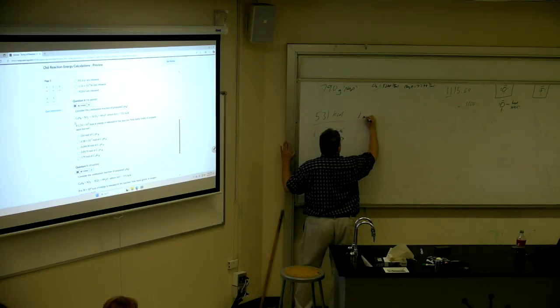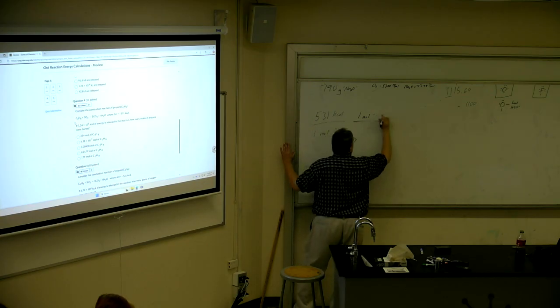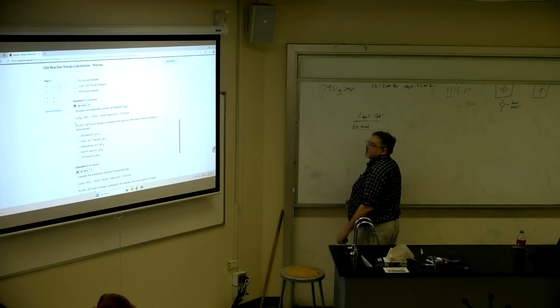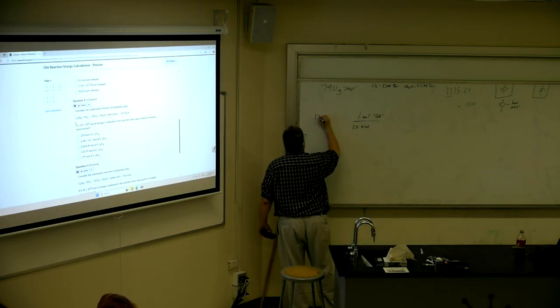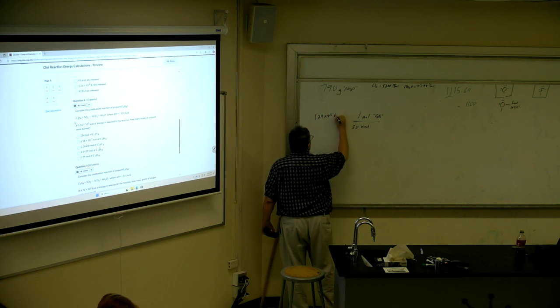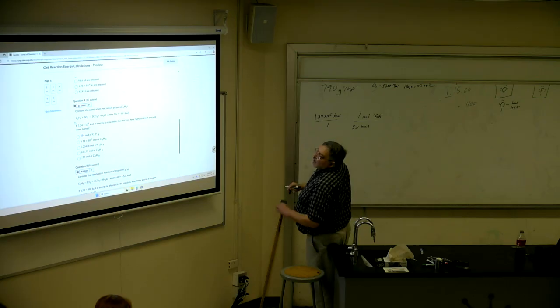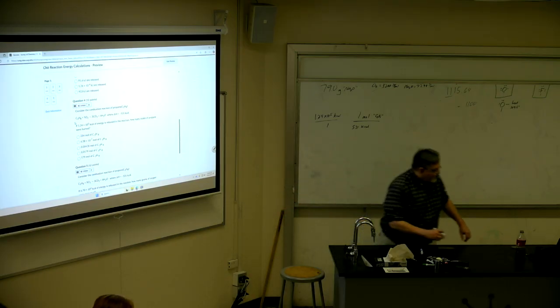So as far as units go, I would write that. And then it says, how many moles of propane? Okay, actually moles of propane needs to be on top. I'm just going to say propane. See, there you go. 1.24.